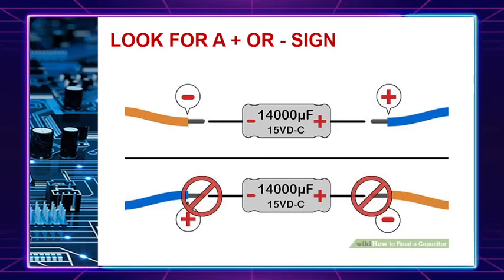On tantalum electrolytic capacitors, which are very small, this mark designates the positive end. Okay. So that's how you determine the polarity of the component in tantalum or electrolytic capacitors.